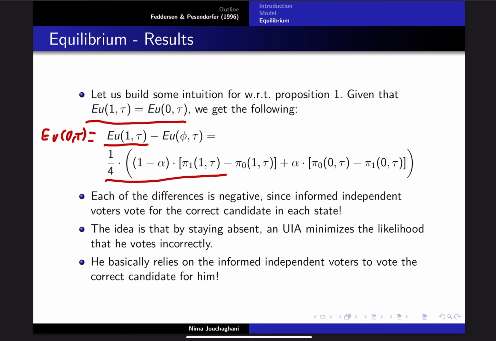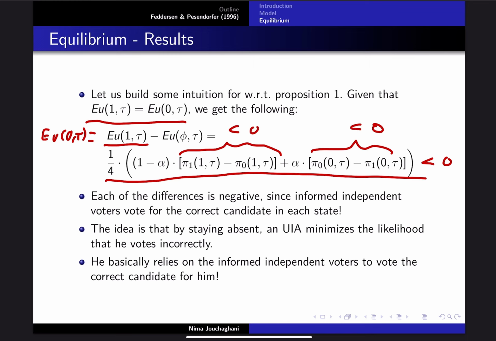What we get is this expression here. The result of proposition 1 is that this thing is strictly larger than 0, because each of those differences here is strictly smaller than 0.